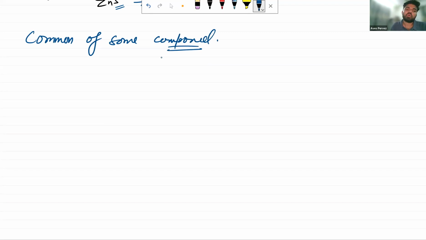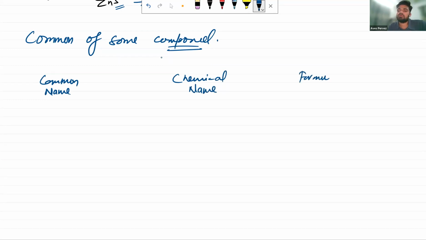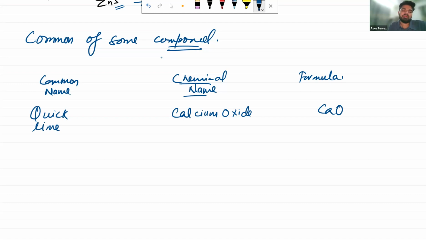For example, quicklime. I'm writing here common name, then chemical name, and then the formula of the compound. Quicklime is a common name for calcium oxide, and its formula is CaO. Next is limestone.